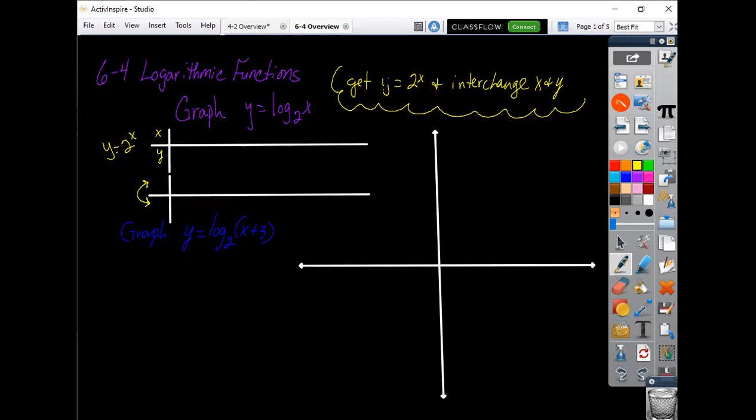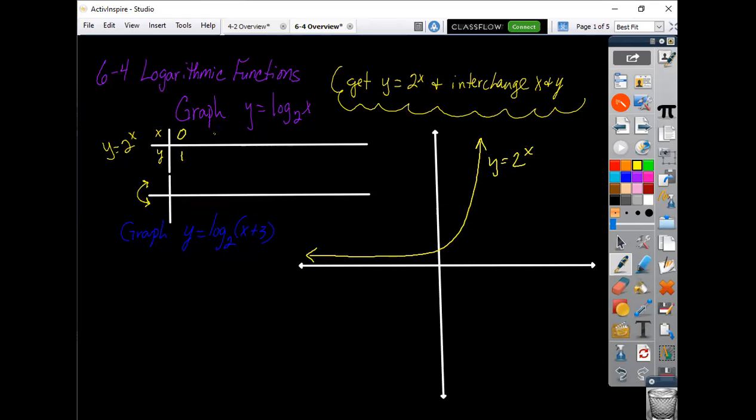So 2 to the x, we graphed that earlier, and it looks like this. If you recall, this is going to be the inverse. So 2 to the x right here, that's already the graph I have. When x is 0, y is 1.